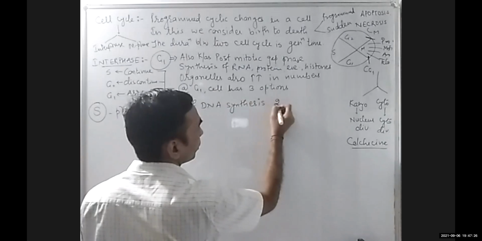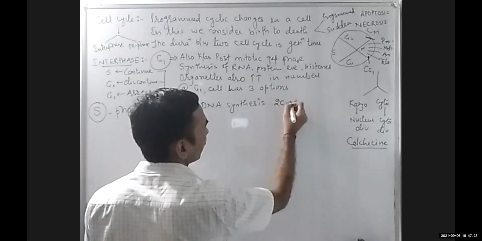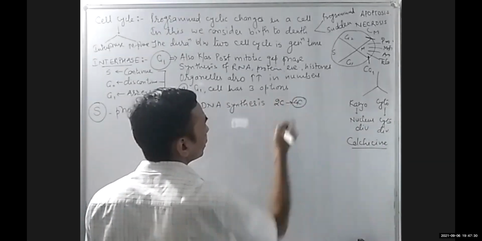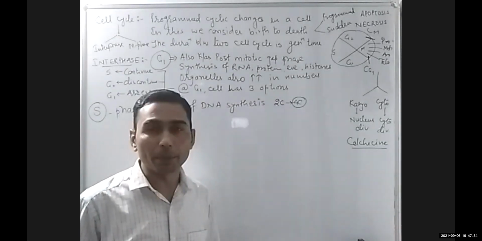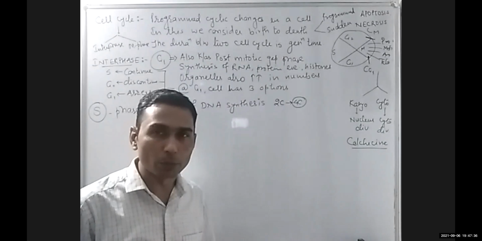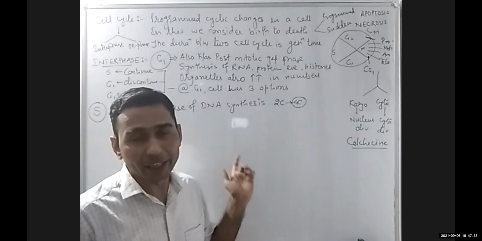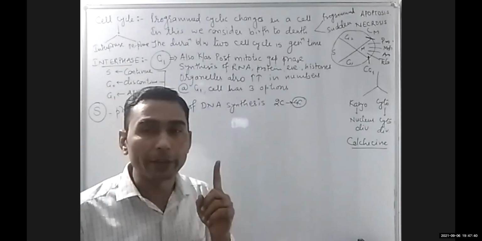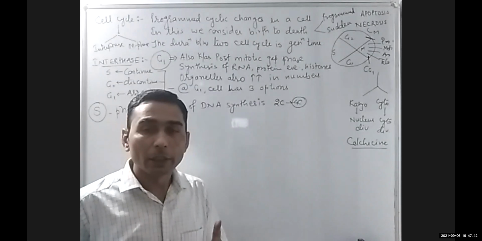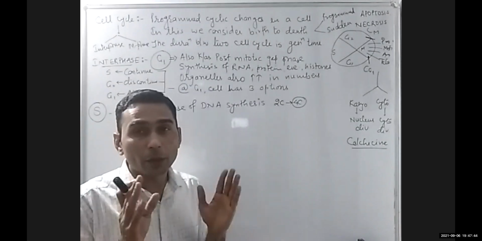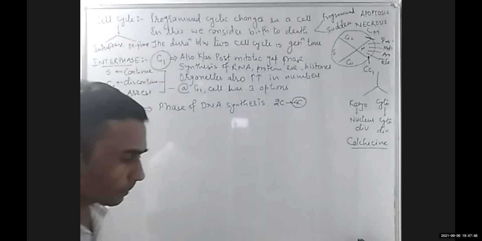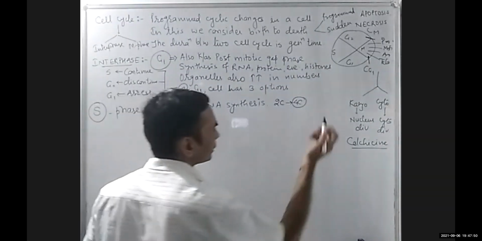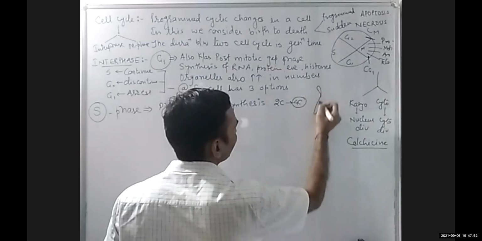That means the content becomes double. I should not say haploid diploid, because haploidy and diploidy are terms used for chromosomes, and I'm talking about the DNA. I hope we have already discussed enough about chromosome, chromatid, gene, is it? Yes, sir. Still, no problem, I can repeat.